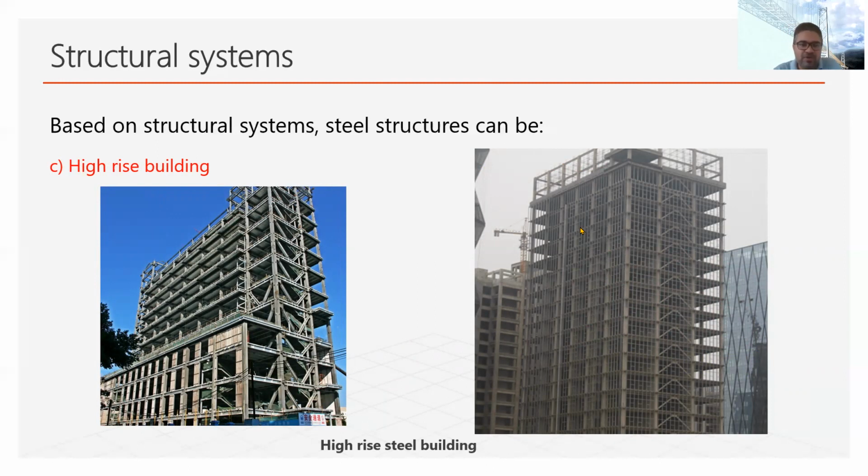In high-rise construction, as the height of the building increases, other factors come into play, and those factors are the lateral loads. Lateral loads are basically horizontal loads, which can be wind load or earthquake load. So as the building height increases, the effect of earthquake load and wind load is to be considered.